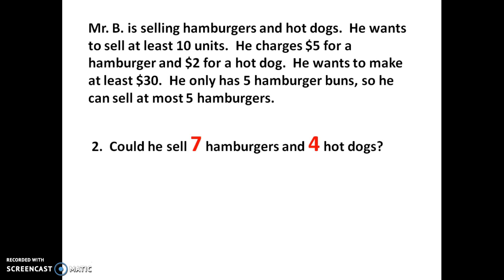Could he sell 7 hamburgers and 4 hot dogs? Well, 7 plus 4 is 11, and that is at least 10 units. He wants to make at least $30. So 7 hamburgers at $5 each would be $35. That's already more than $30, so that works.